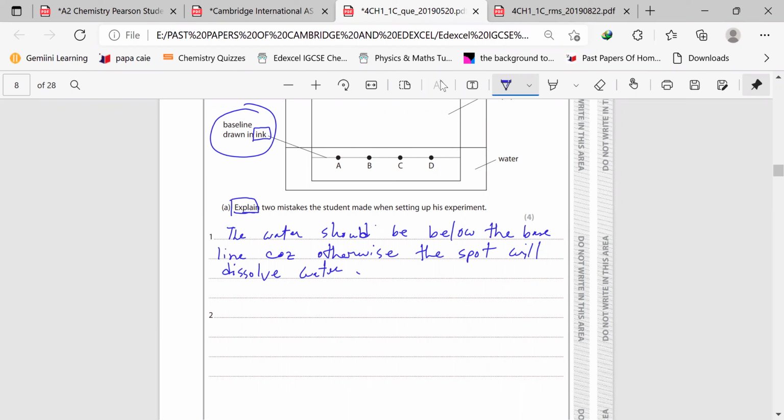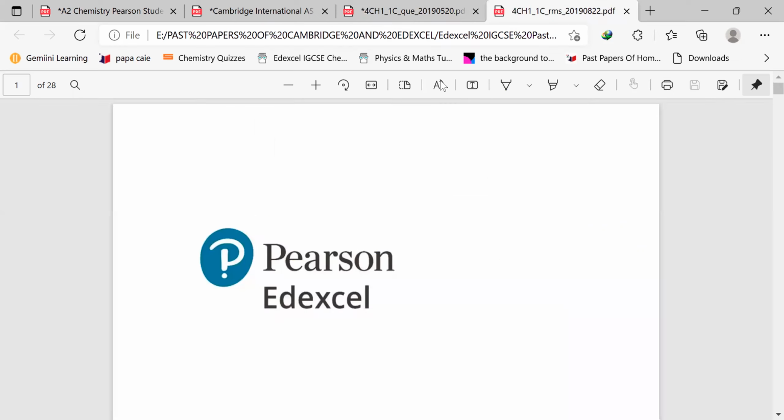Diffuse in water. Water is now below the baseline, so saying it will diffuse in water should not be a correct statement; rather it will go upward, right? Ink can interfere, so any type of answer like that.